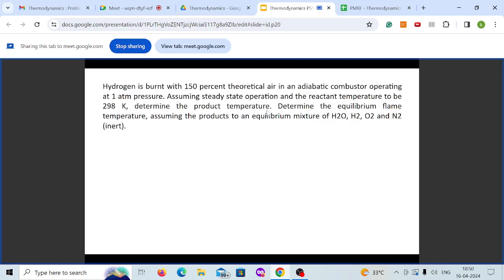Assuming steady state operation and the reactant temperature to be 298 Kelvin, determine the product temperature. Determine the equilibrium flame temperature, assuming the products to be an equilibrium mixture of water, hydrogen, oxygen, nitrogen.